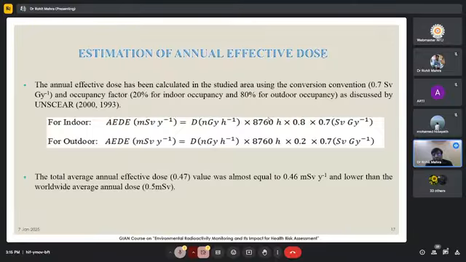So for outdoors, it is 0.2. Then the annual effective doses you could calculate by using these two formulas, and finally you could have an idea of what is the effective dose given to a resident from that particular soil.